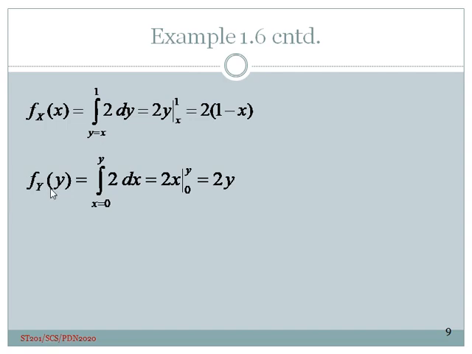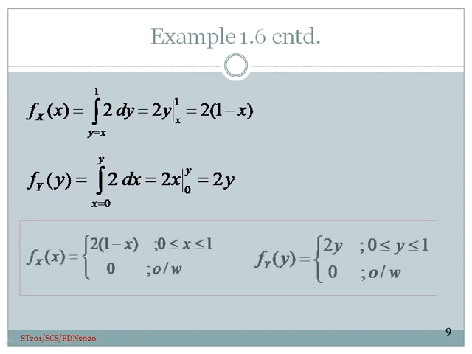Now we do the same calculation for the marginal density of y by integrating the joint PDF with respect to x. Remember, support of x is from 0 to 1 and the answer will be 2y. Here are the marginal distributions of x and y.